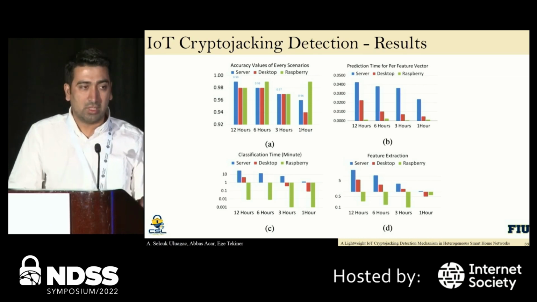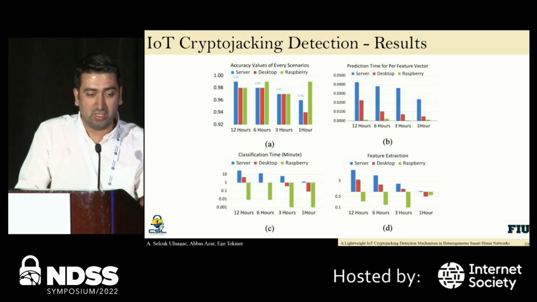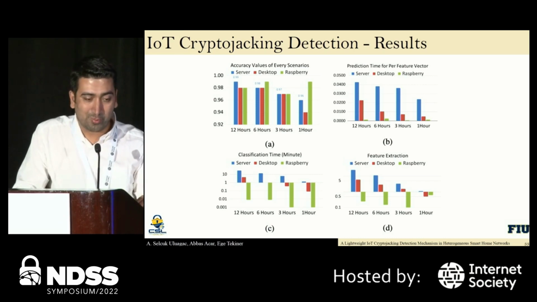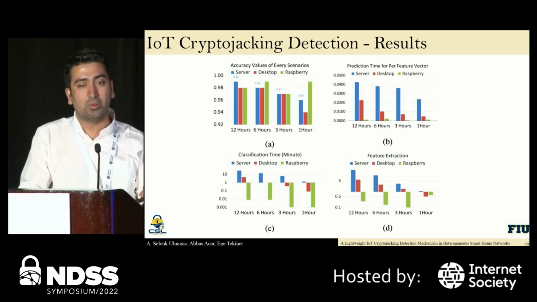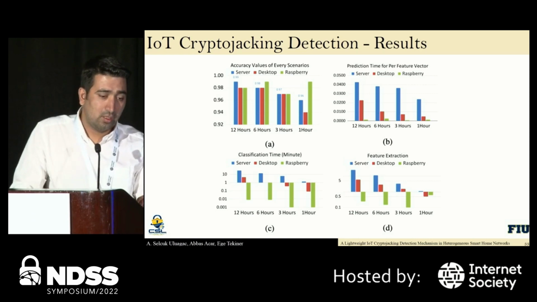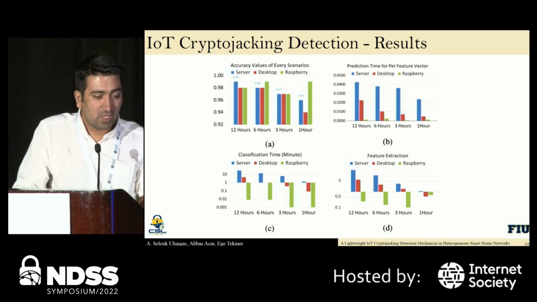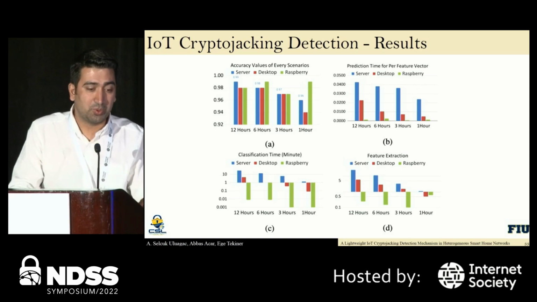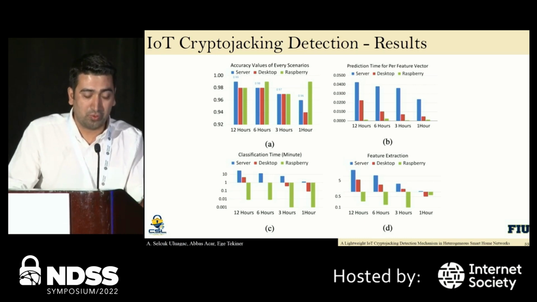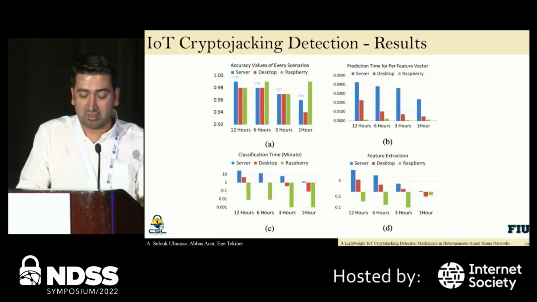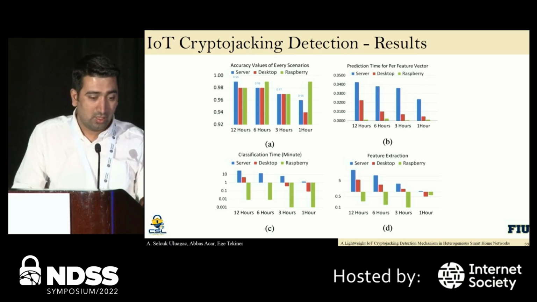However, it's still not too bad. The results are, I think, more than 95% in general, even with 1 hour of training data. And for example, for the others, the prediction time that we observed in small devices is much less than in server-like devices.